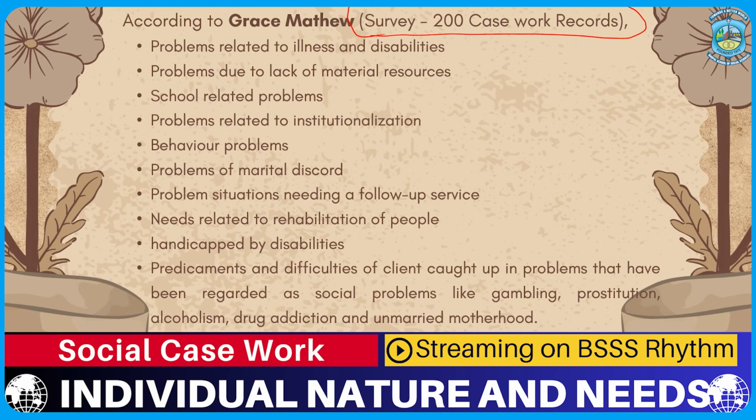Then problems due to lack of material resources. Then school related problems for school going children, then problems related to institutionalization, then behavioral problems, then problems of marital discord. That means any marriage related issues, disharmony, conflict, which come under the problems of marital discord. Then problem situations needing a follow-up service.